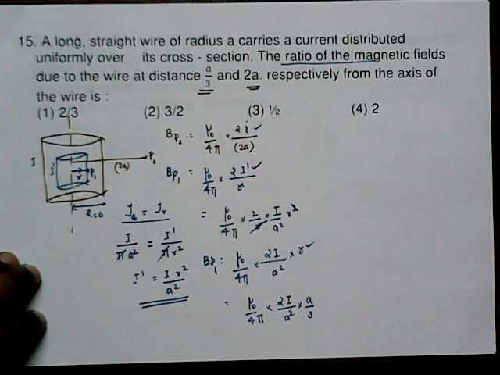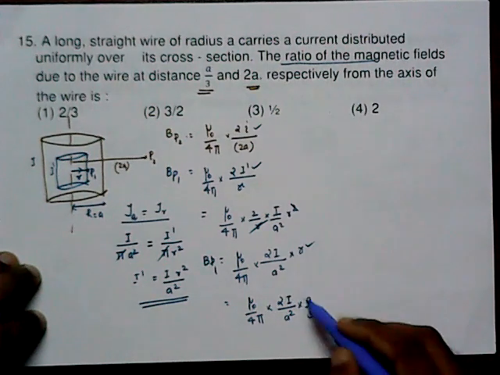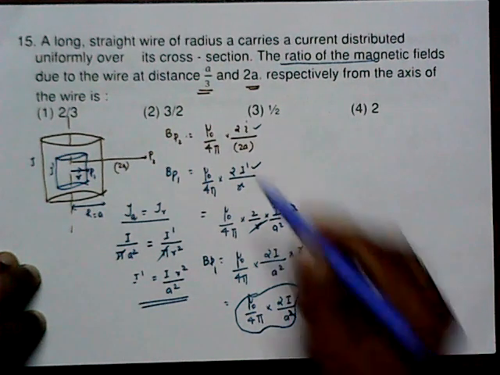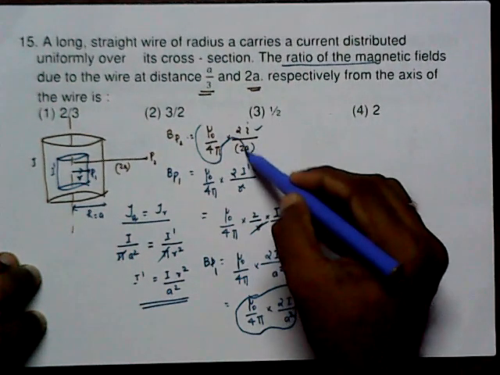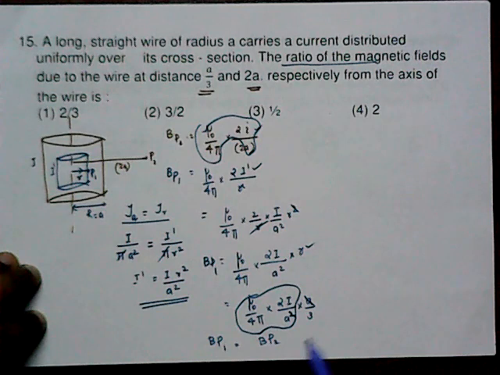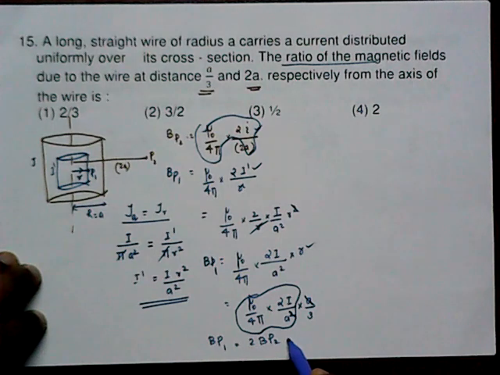Here we just take the two conditions: mu 0 by 4 pi into 2I by A, and mu 0 by 4 pi into 2I by A. So BP1 equals 2 times BP2 divided by 3.